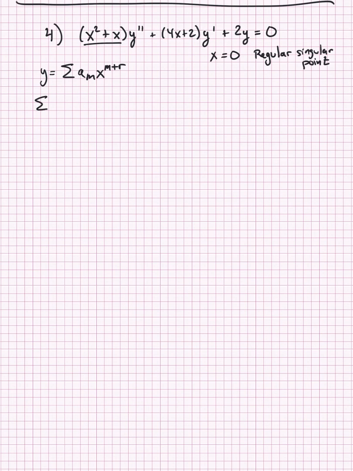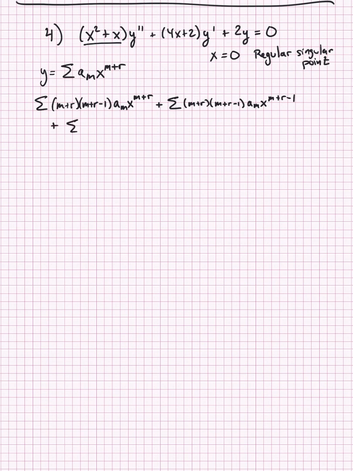Well, it's not too bad, because we've just done a lot of these. Our first term is x squared times the second derivative, which gives us x to the m plus r. Our second term is x times the second derivative, so we get x to the m plus r minus 1.